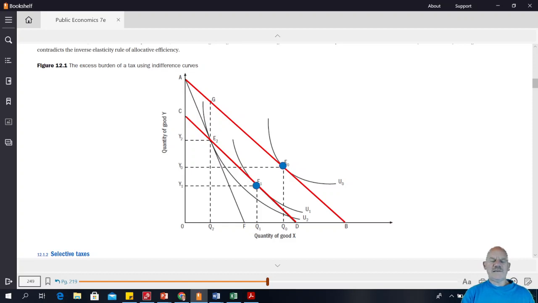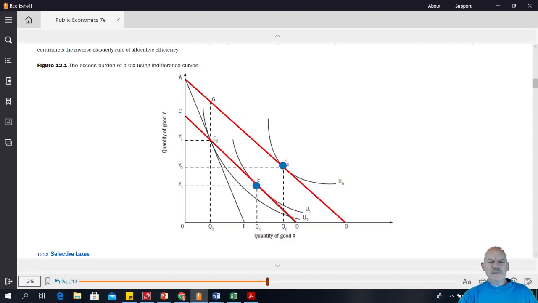The slope of the budget constraint is the ratio of the commodities' prices, could be py over px, and the parallel shift means that relative prices don't change, so the consumer moves down to a lower level of utility, to E1.